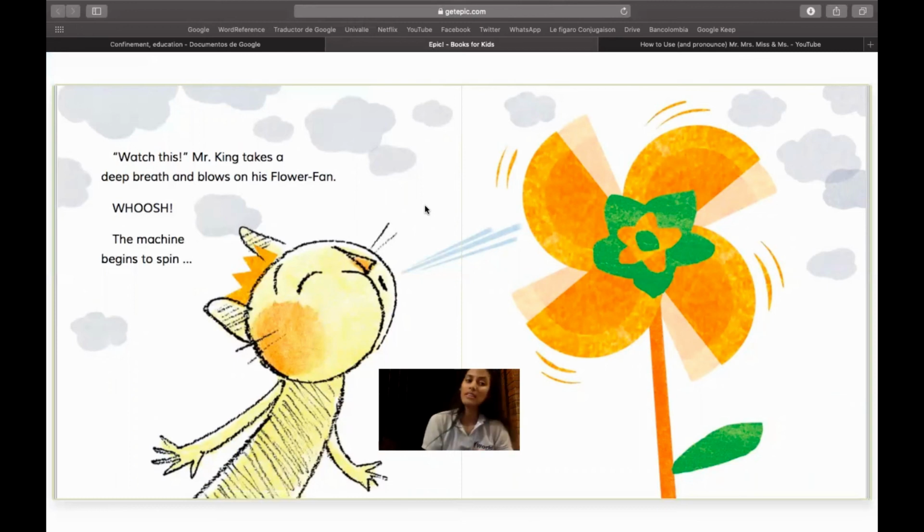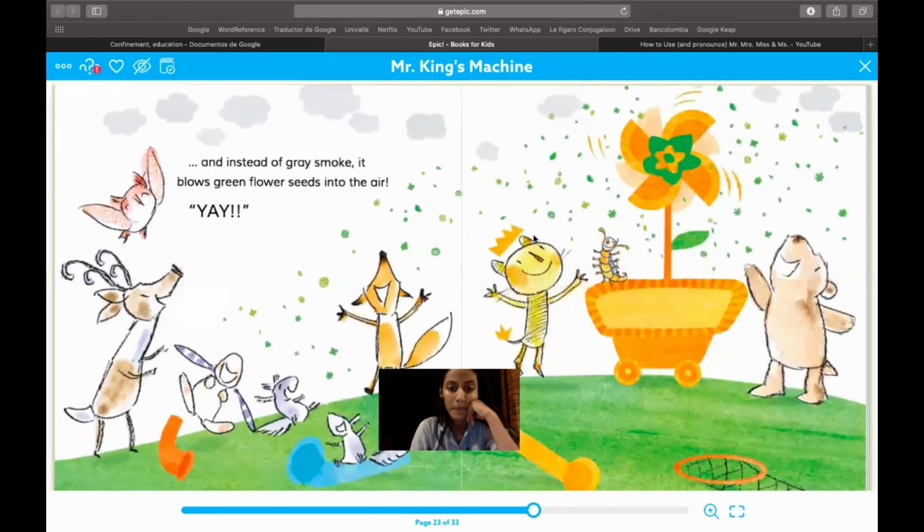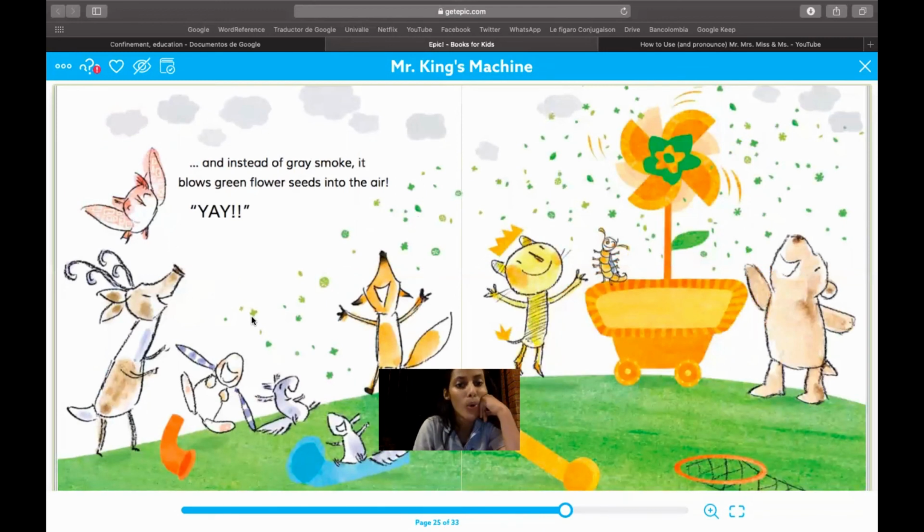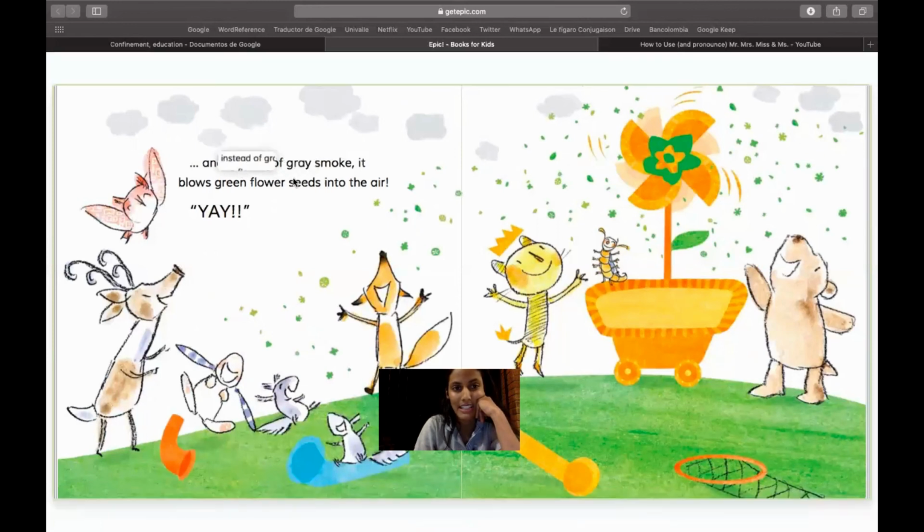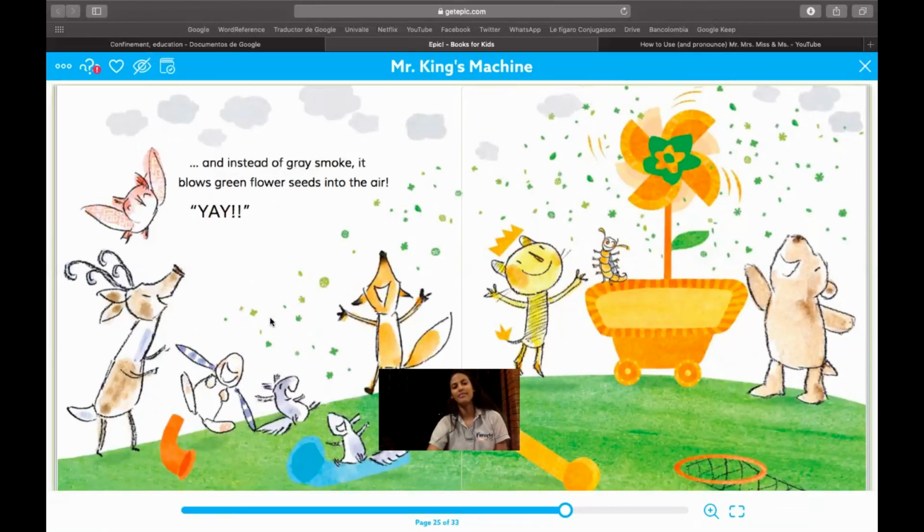The machine begins to spin. Okay, the spinning is this movement. And instead of gray smoke, it blows green flower seeds into the air. Instead of gray smoke, en vez de humo gris, sopla semillas de flores verdes, blows green flower seeds, semillas de flores verdes en el aire.